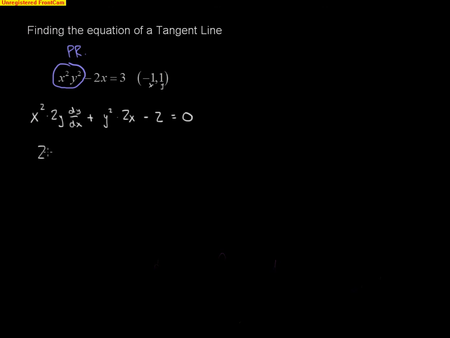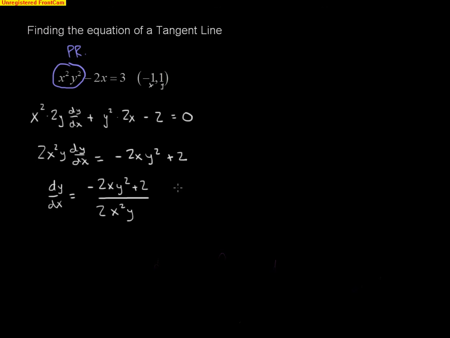I'm going to have 2x squared y dy/dx equals, now I'm going to move this to the other side, so I'm going to have minus 2xy squared plus 2, and therefore dy/dx is going to equal negative 2xy squared plus 2 all over 2x squared y.